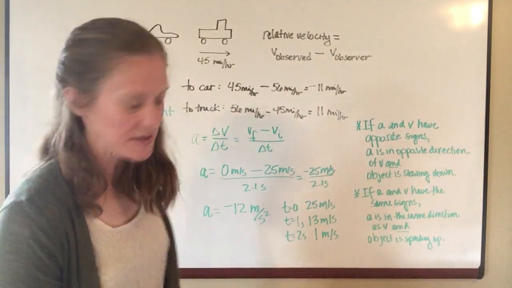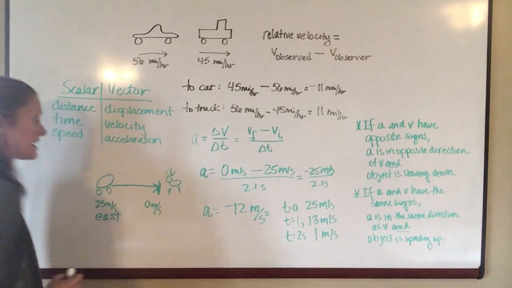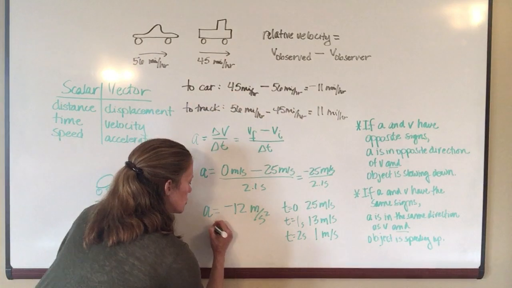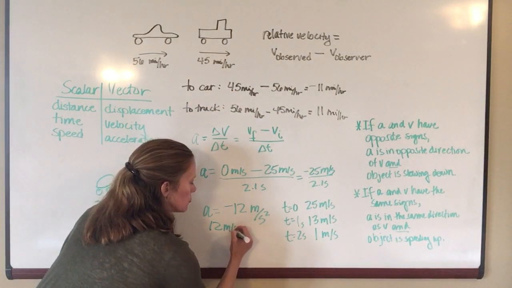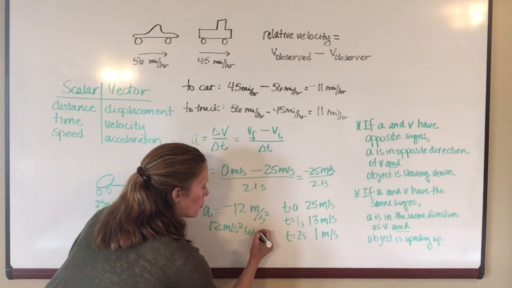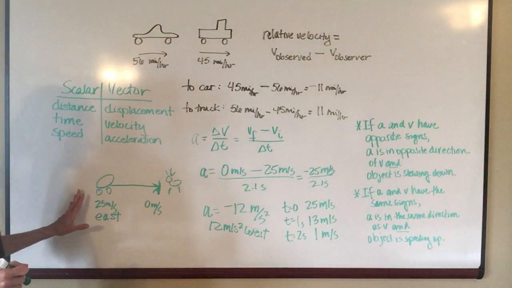So if his velocity was initially 25 meters per second to the east, then that means that his acceleration is 12 meters per second squared, to the west. It is in the opposite direction of the velocity, okay?